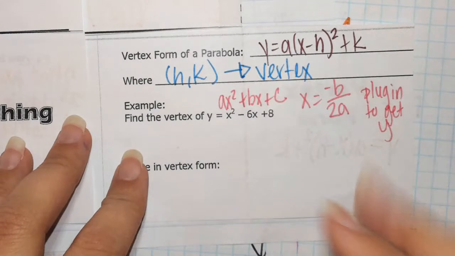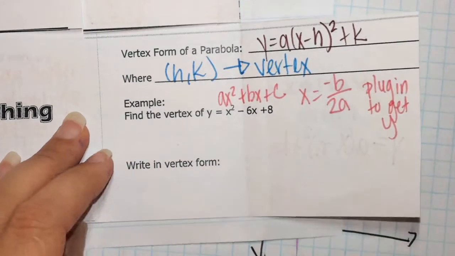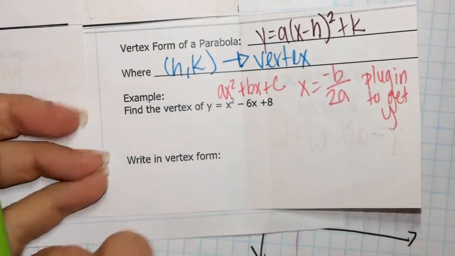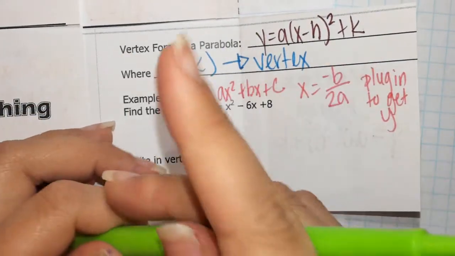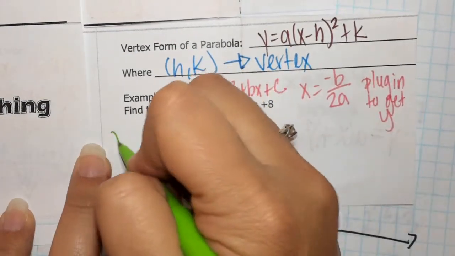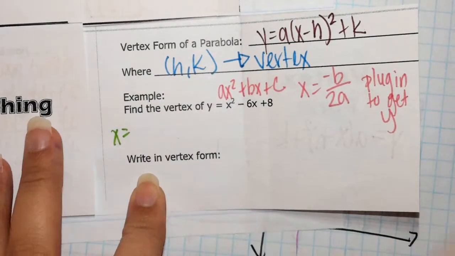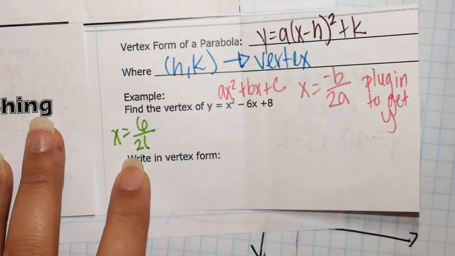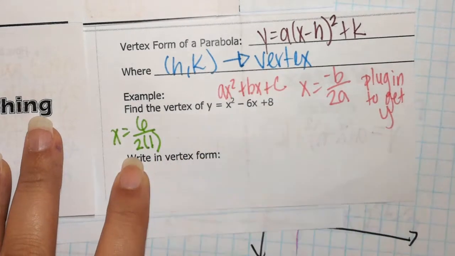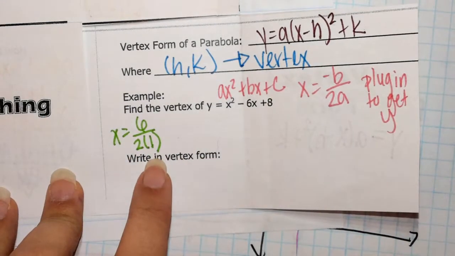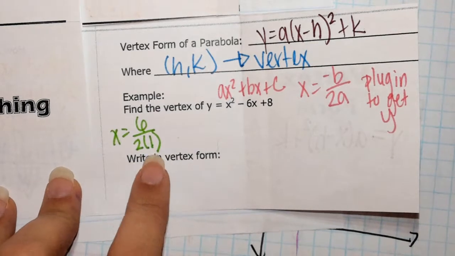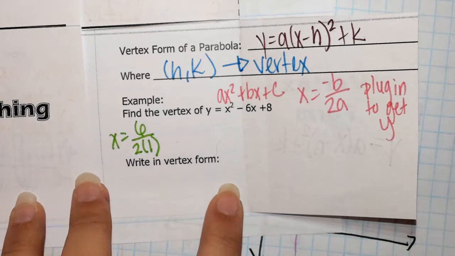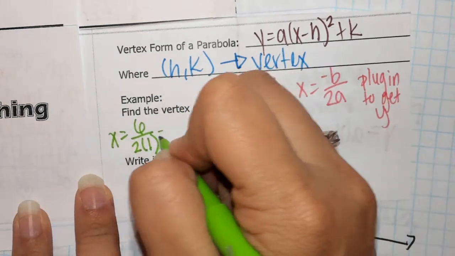Okay, so the first thing we do is find our axis of symmetry. So here, what's our b? -6. And what's the opposite of -6? +6 divided by 2 times, what's our a? 1. It's the number in front of x squared. You should be writing this, pumpkin. Alright, 2 times 1 is? 6 divided by 2 is? 3.